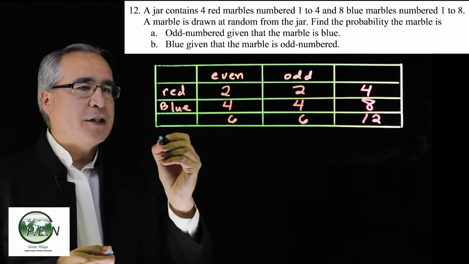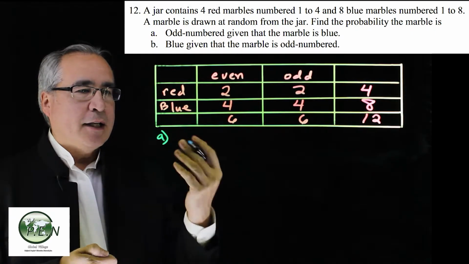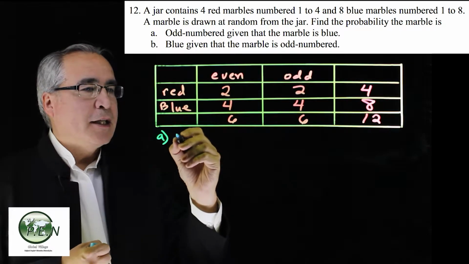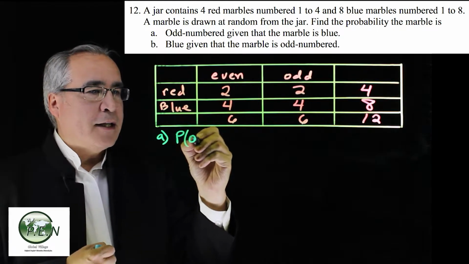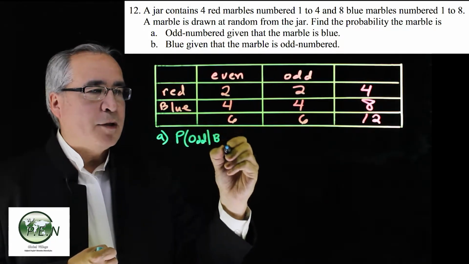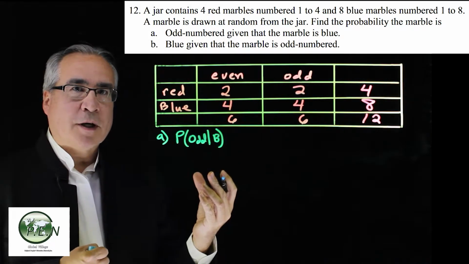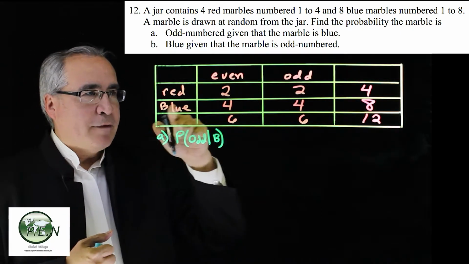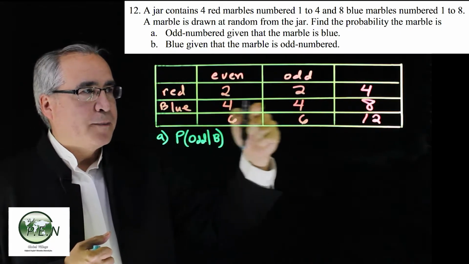So the first question, the A part, conditional probability, is asking what's the probability that we get an odd number given that we have a blue marble. So we know we have a blue marble, haven't seen the number yet, so we're in this row.